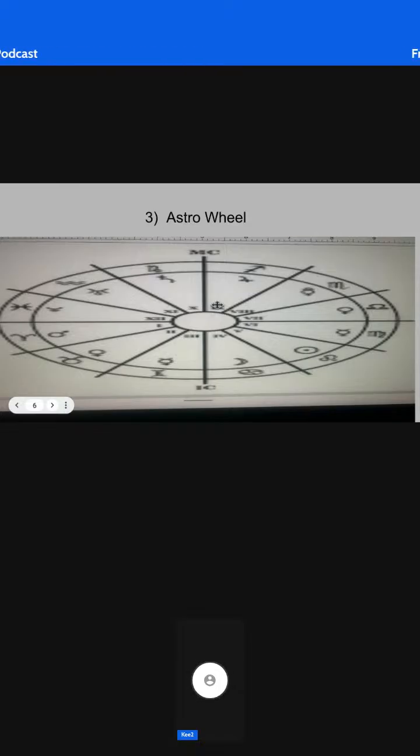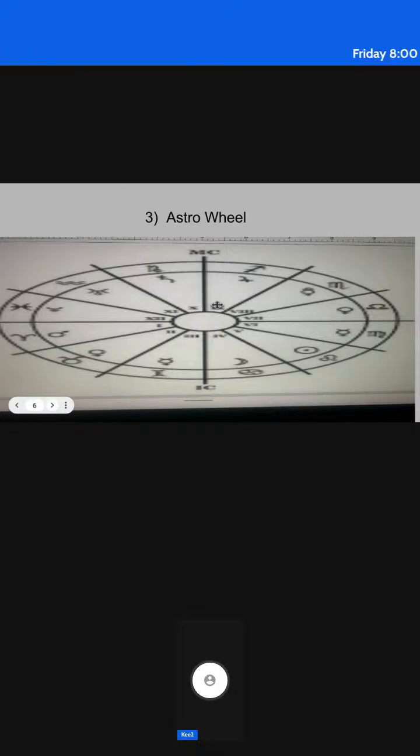To the left of the planet Mars is the sign Aries. Let's go down to the second house. In the second house, you see the symbol for the planet Venus. And to the left of that is the sign Taurus.